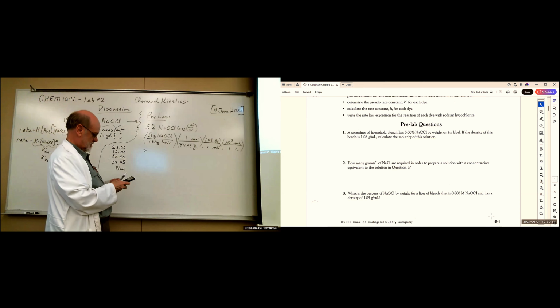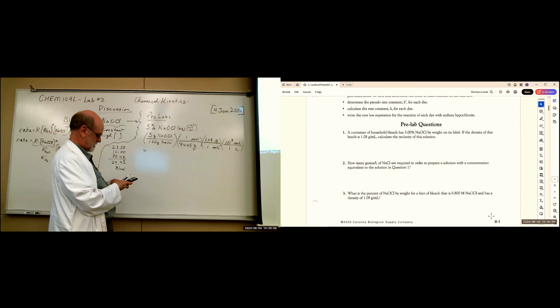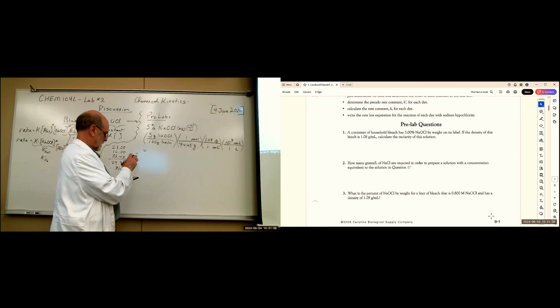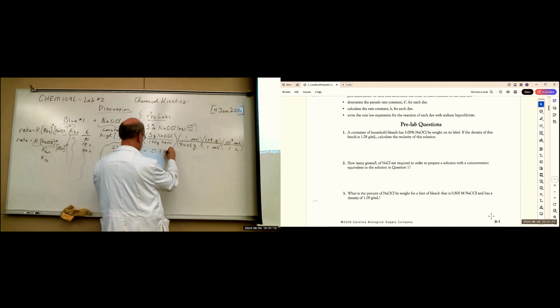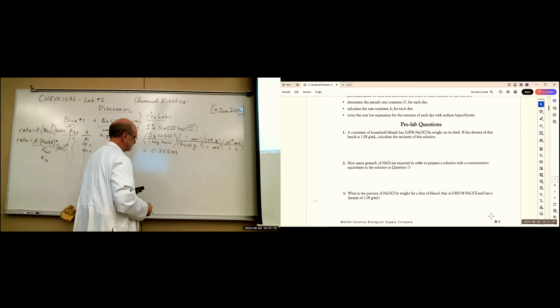Let's see. 5 divided by 100, divided by 74.45, times 1.08, times 1,000. So I get 0.725 molar.